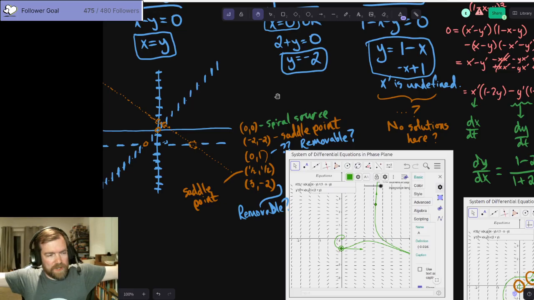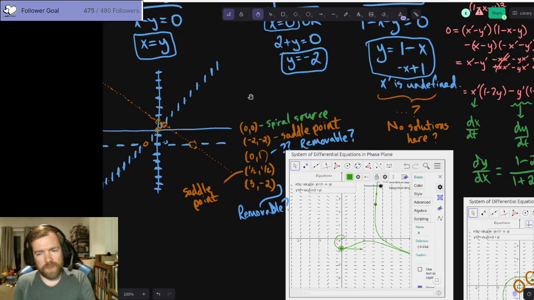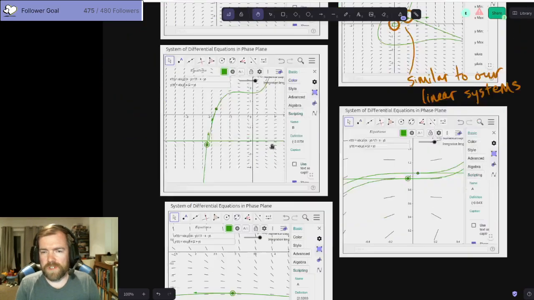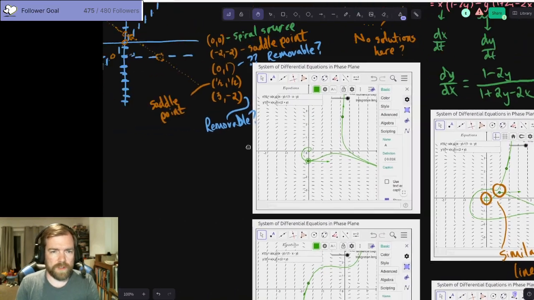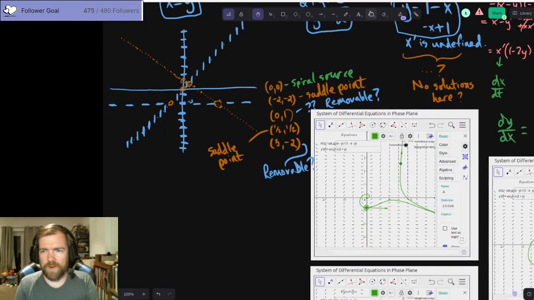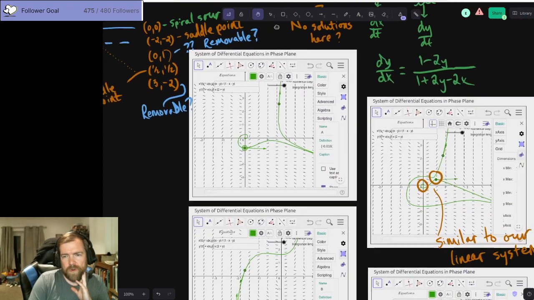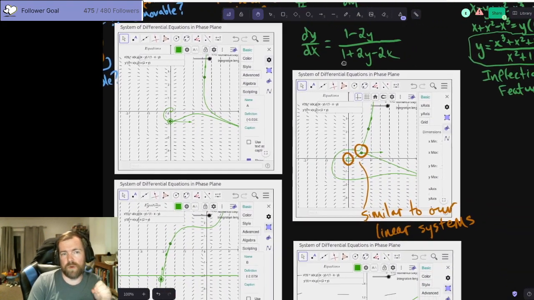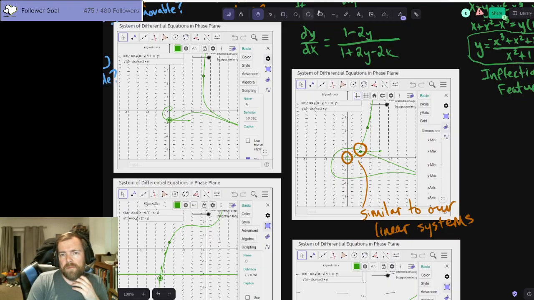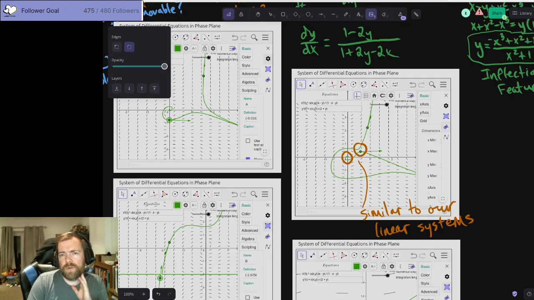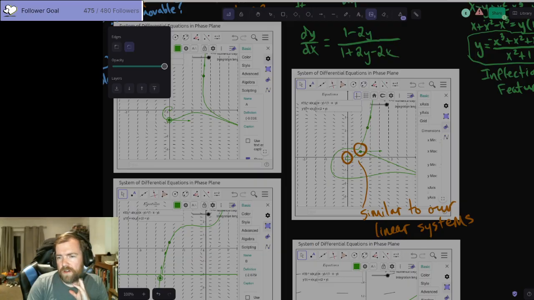So then the question becomes, how can we talk about the individual behaviors that are going on around each of these individual points? Whoa, nope, overzealous with my mouse wheel. I don't know if you have any thoughts on how this looks compared to, say, Calc 2.